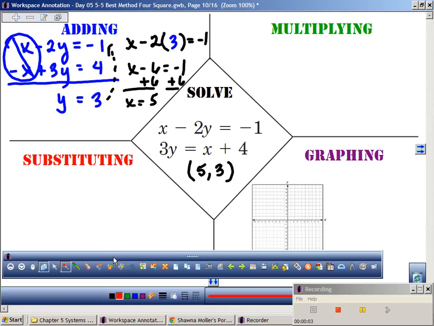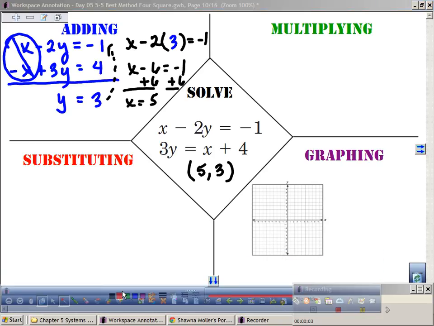Let's substitute next. What would be a nice, easy way to substitute? Would you manipulate the top equation, or would you manipulate the bottom equation? The bottom, why? Oh, because it's positive.